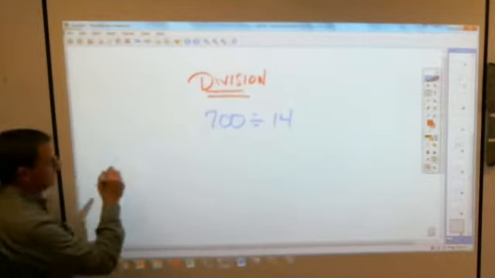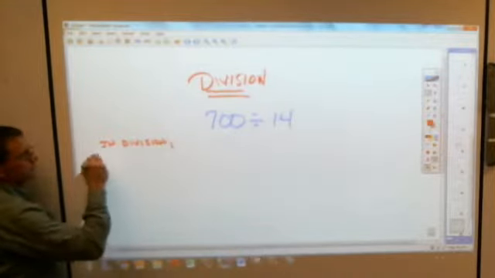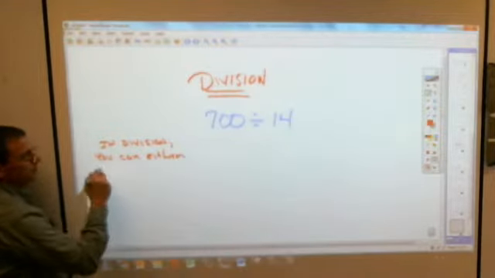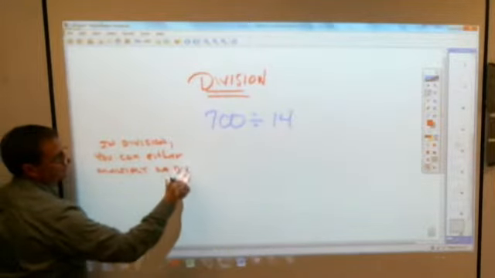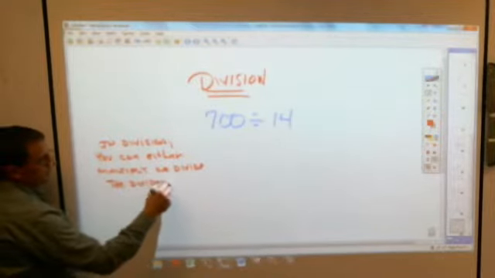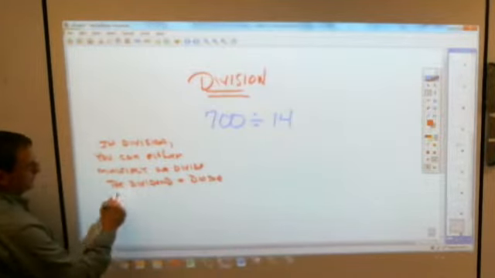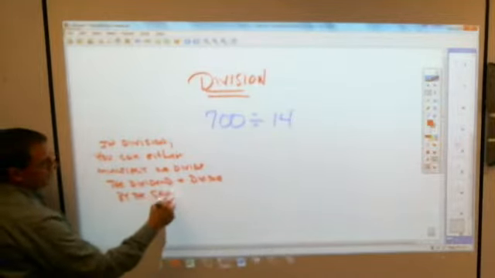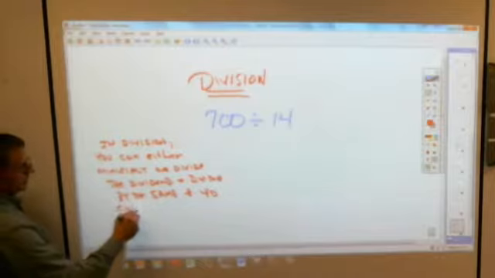In division, write this down: in division, you can either multiply or divide the dividend and divisor by the same number without changing the answer.